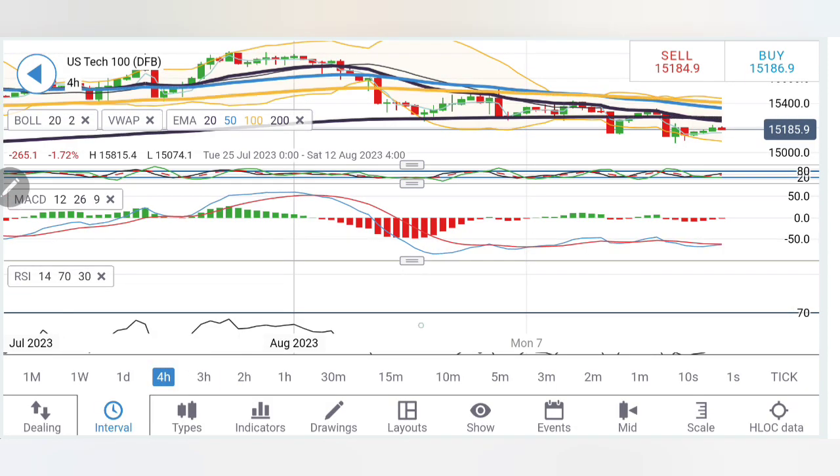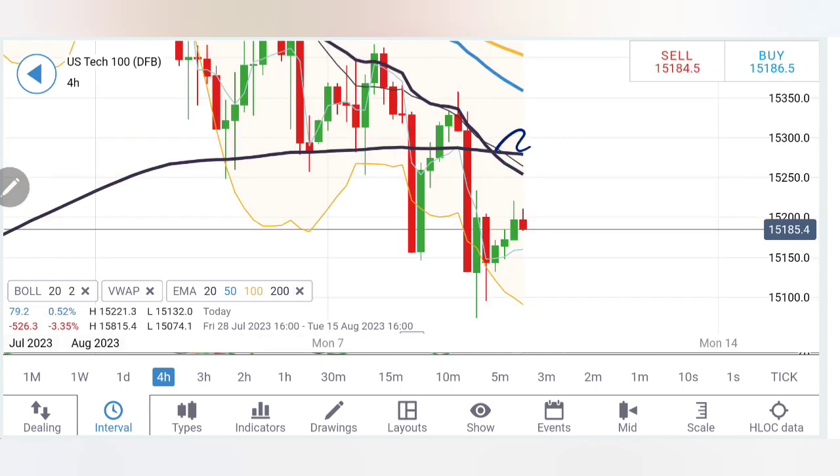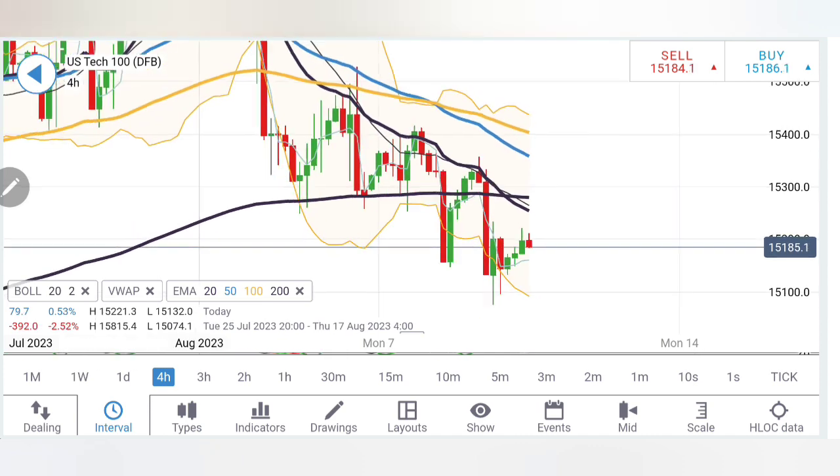Coming to the 4-hour charts. One point to note is that on the 4-hour chart, the prices are still divergent from the 20 period moving average, which is sitting at around 15,250 levels, which also appears to be a great resistance. You can see previously this 15,250, 15,260 zone was the support level, and now it could be one of the resistances.